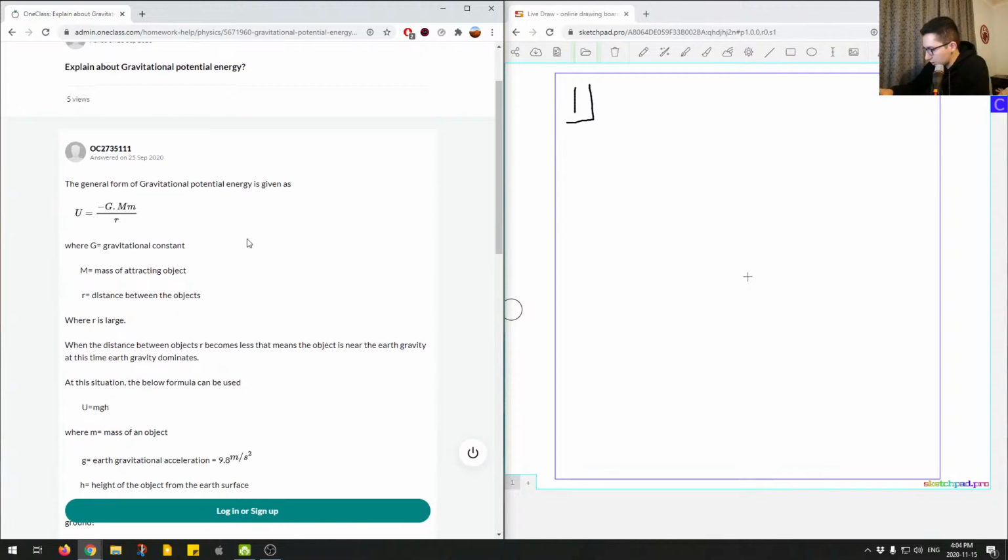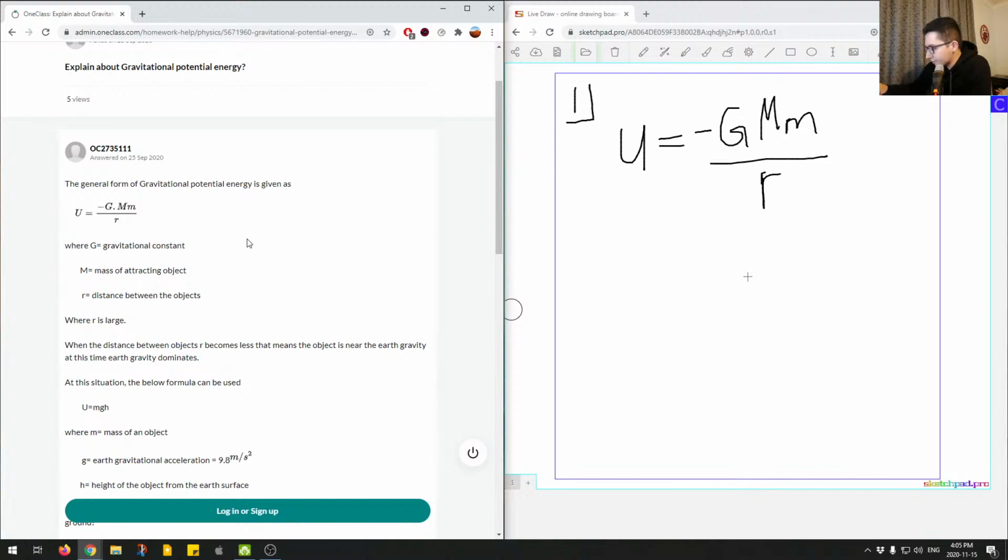The first equation, U, where U stands for gravitational potential energy, is equal to negative the gravitational constant times mass 1, capital M, and mass 2, lowercase m, and then we divide this by r, which is the distance between the objects.